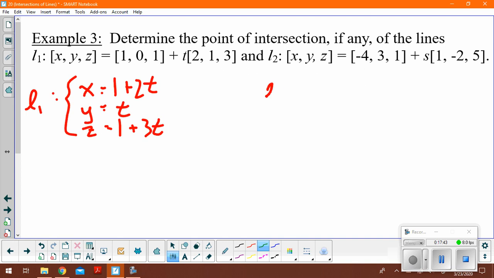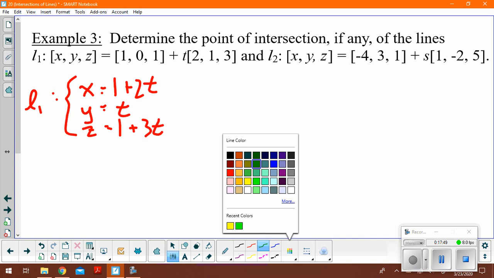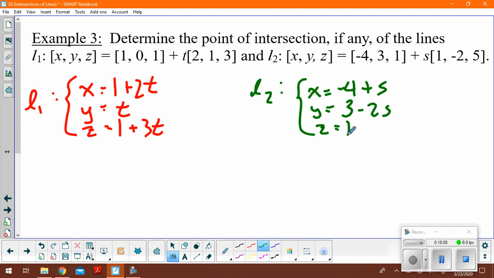For line 2, we have x equals -4 plus s, y equals 3 minus 2s, z equals 1 plus 5s.